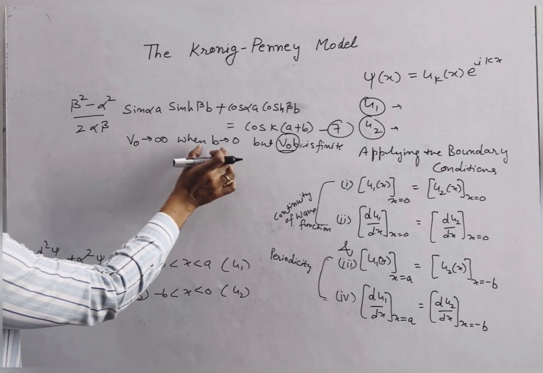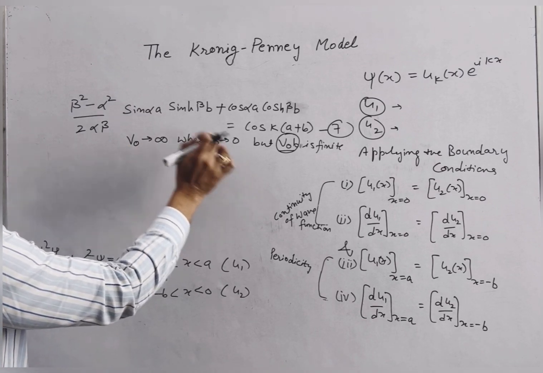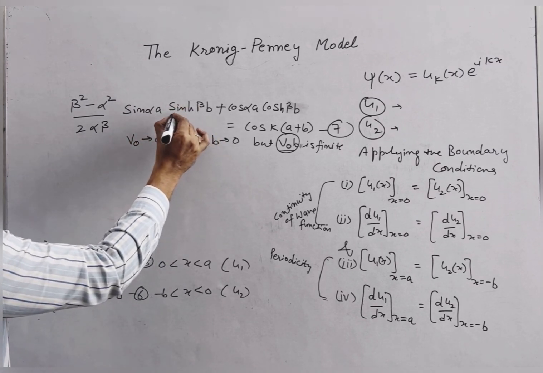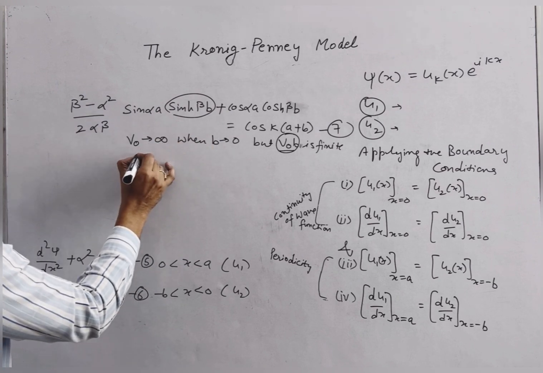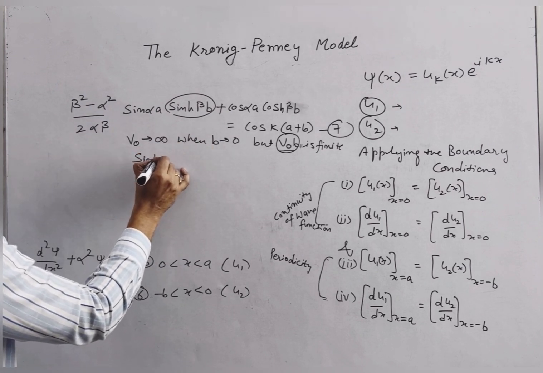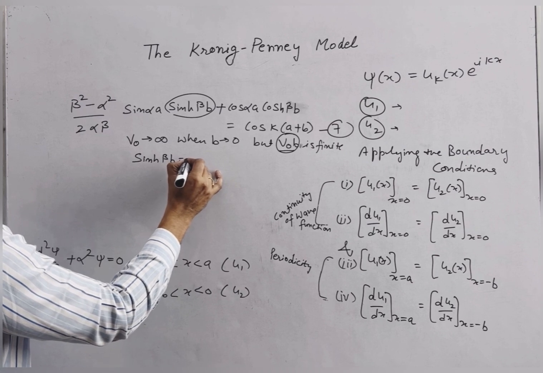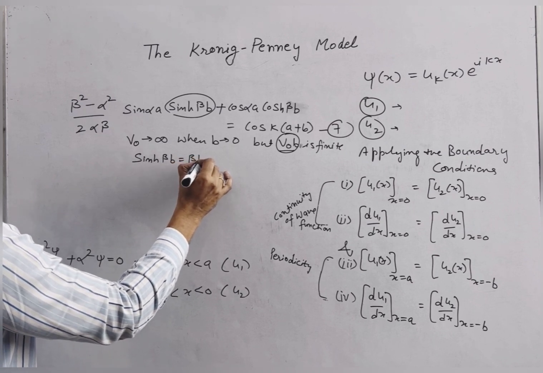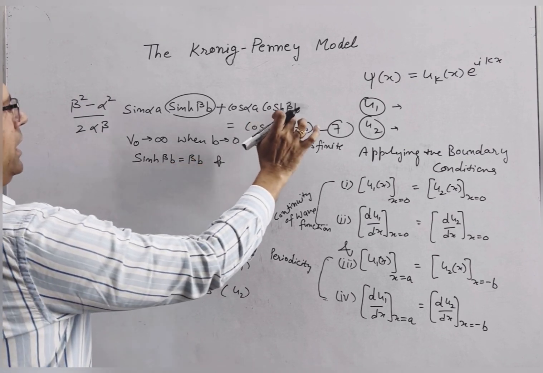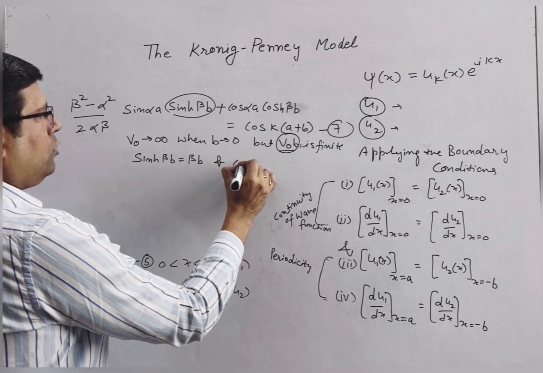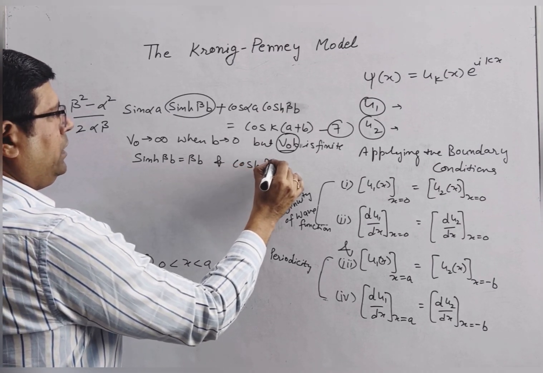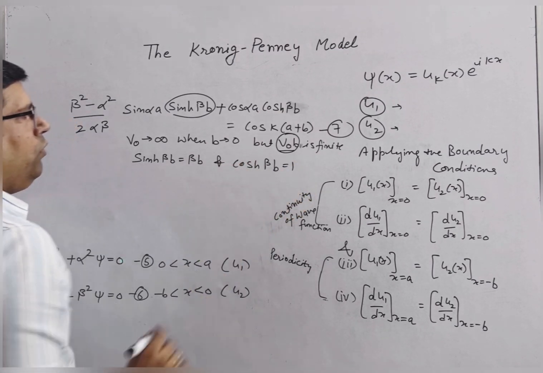So by imposing this condition, b approaches 0, we get sinh beta b equal to beta b, and applying here cosh beta b equal to 1.